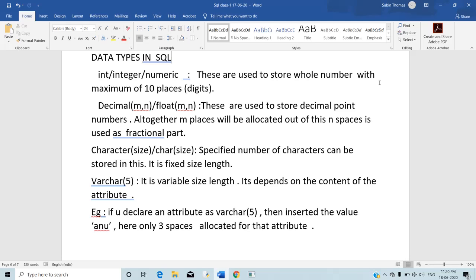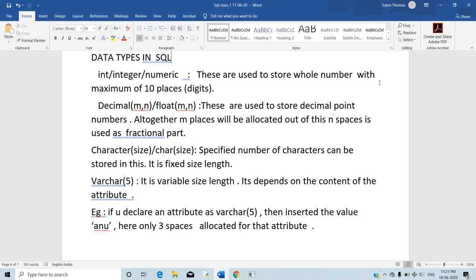And for the next record, you enter a word with 5 alphabets. That means for that particular record, it will allocate 5 memory spaces. That is why it is known as variable character. The memory allocation depends upon the value which you entered into that attribute, with a maximum of 5 characters. If it is less than that, then that much memory will be allocated.